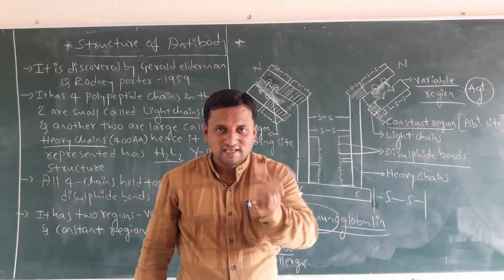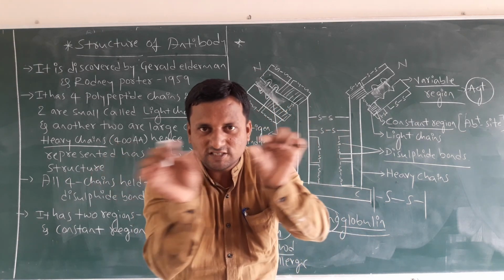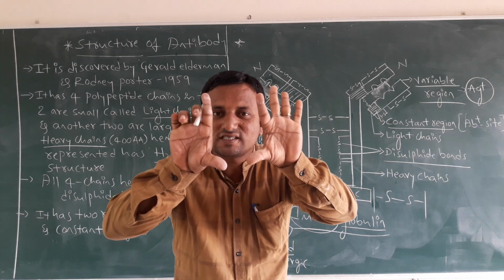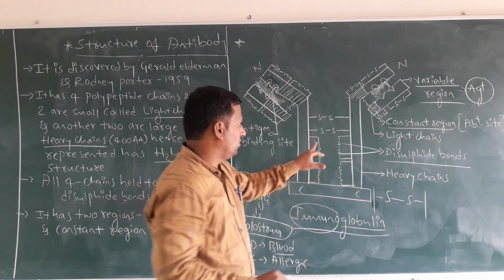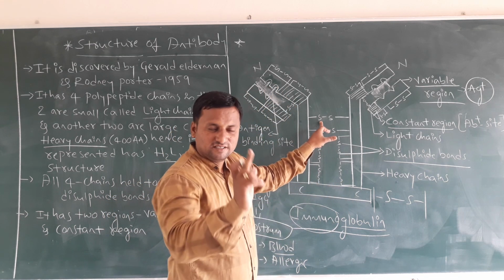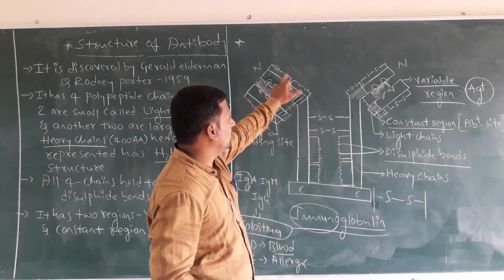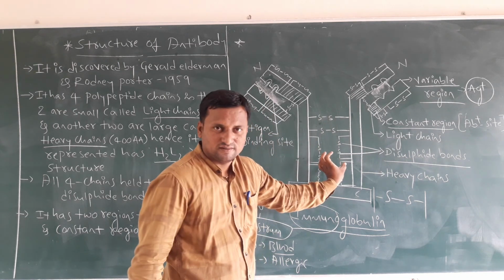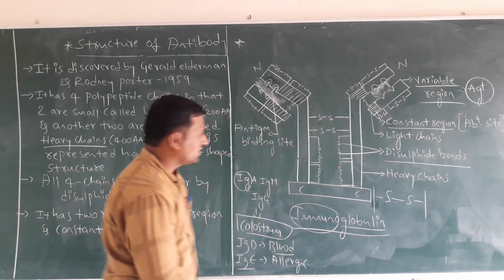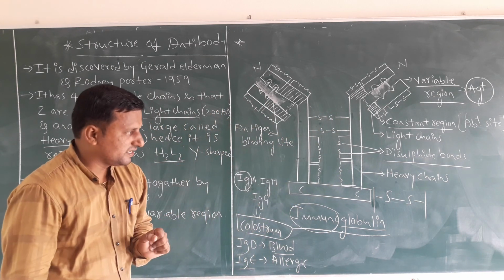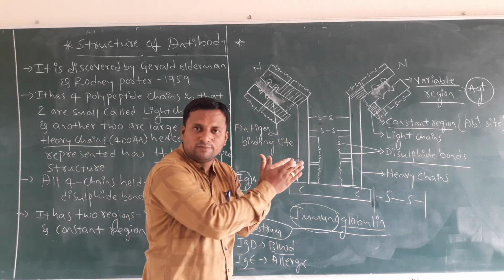Di means two. Sulfide bonds are responsible for the attachment of the two chains. Disulfide bonds are nothing but the attachment between the chains, heavy chains and light chains. See, here also, like this.